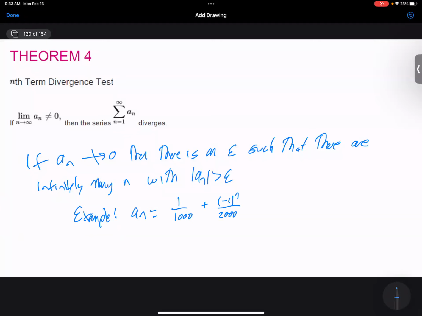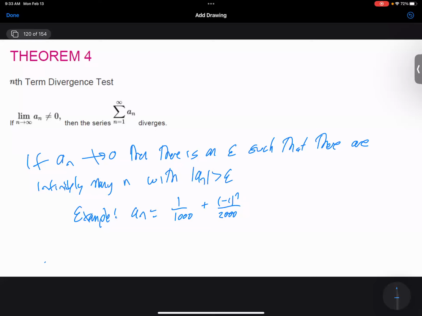But eventually, I will have infinitely many terms that are all greater than or equal to 1 over 5,000 or 1 over 10,000. Something like that will work. But they won't be greater than 1 over 10. So there's some critical threshold such that I will have infinitely many terms greater than that. So if I'm converging, when I add my next term, the sum is going to move by at least that amount. So it can't converge.